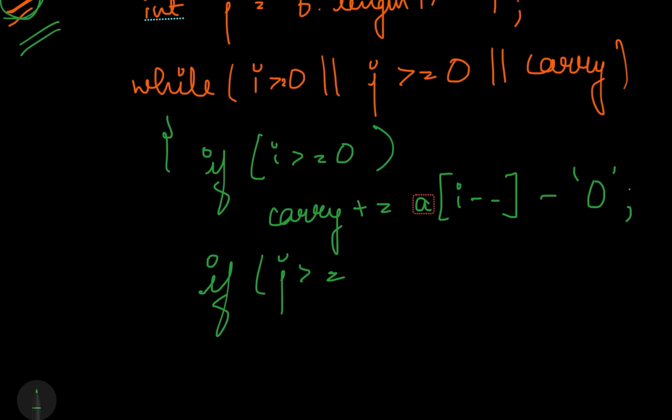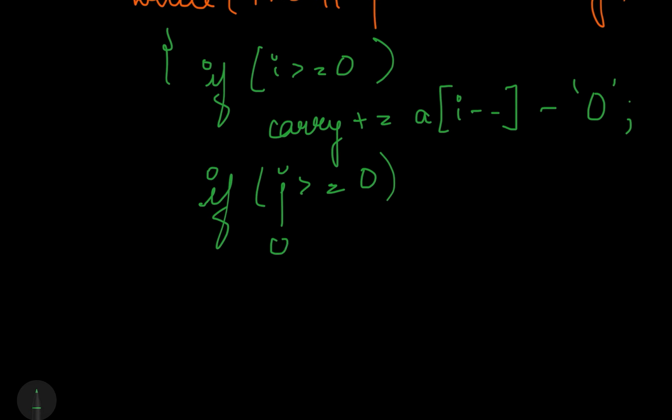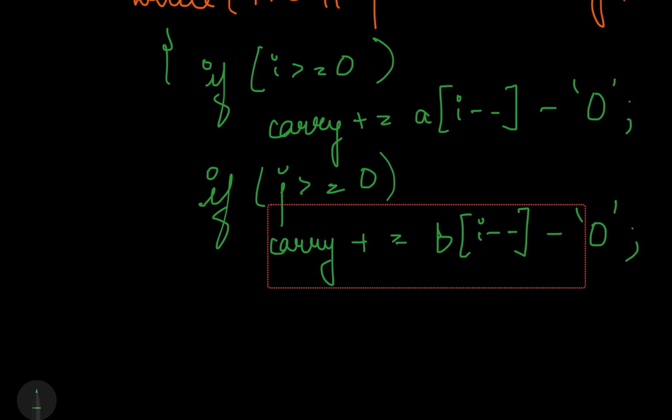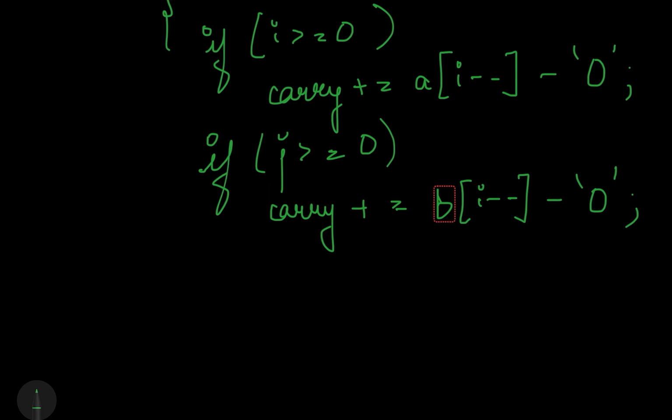Similarly we'll do for our string B as well. We'll check if the index is greater than or equal to 0, then we'll add to our carry the current bit of string B, which is a binary string, and subtract '0' to convert it into an integer. And then we got our final carry.